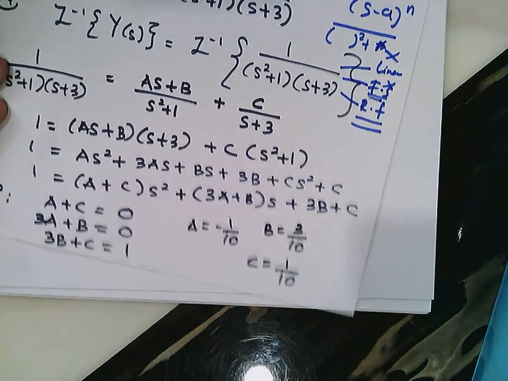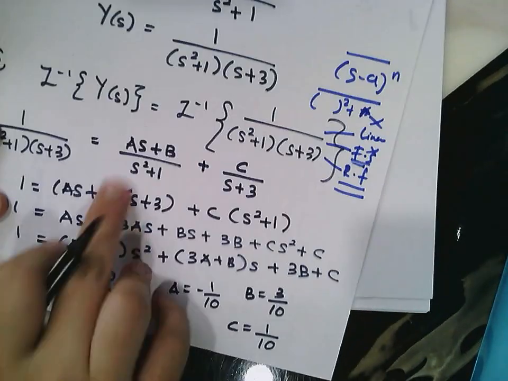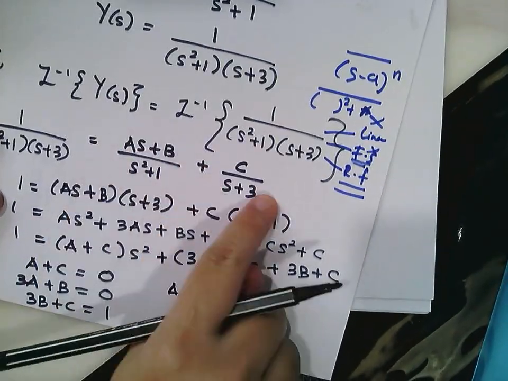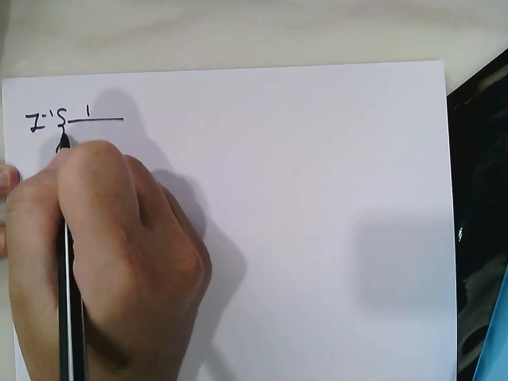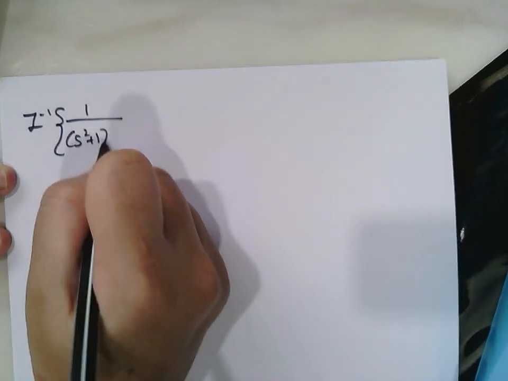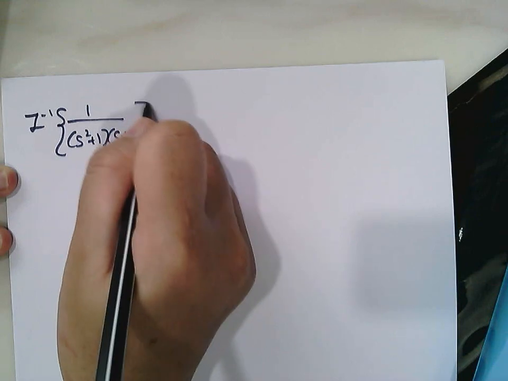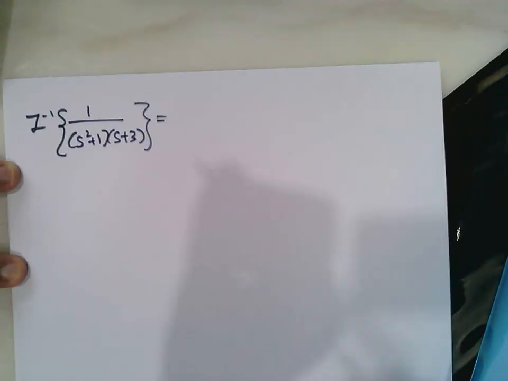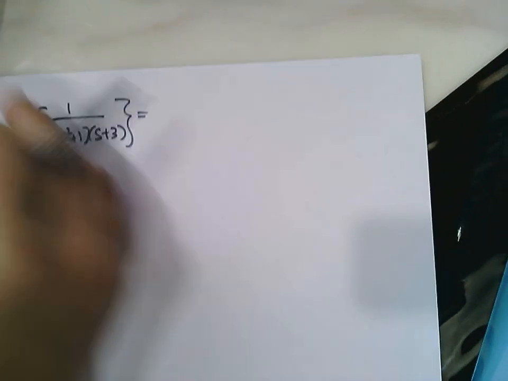So when you have all these values, you need to substitute back into this one. Okay? So therefore, you will have the inverse of 1 over s squared plus 1 s plus 3 is equal to, so what is your A?